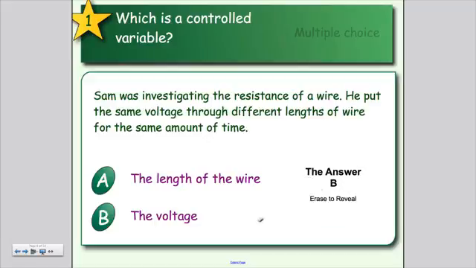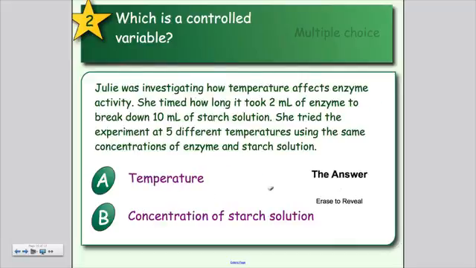If you said the voltage, you got it right. Let's try another one. Which is a controlled variable? Pause the video until you have answered. Again, go back to the notebook file if you have it to answer. Okay. If you said concentration of starch solution, you got it right.